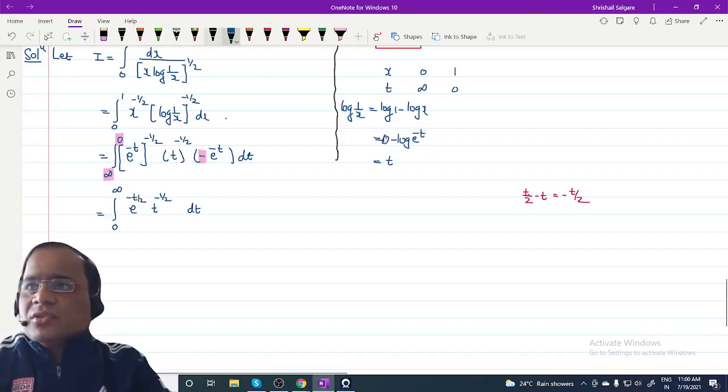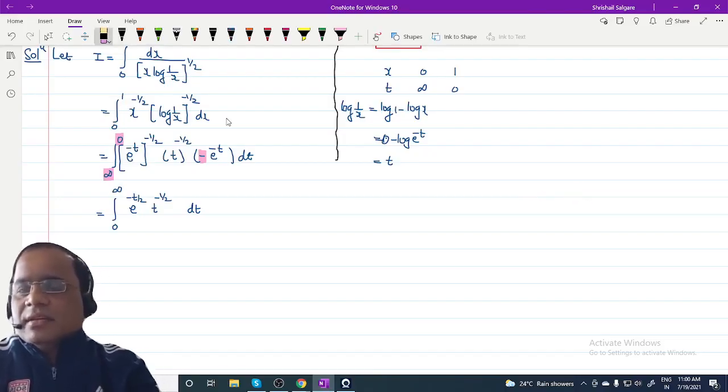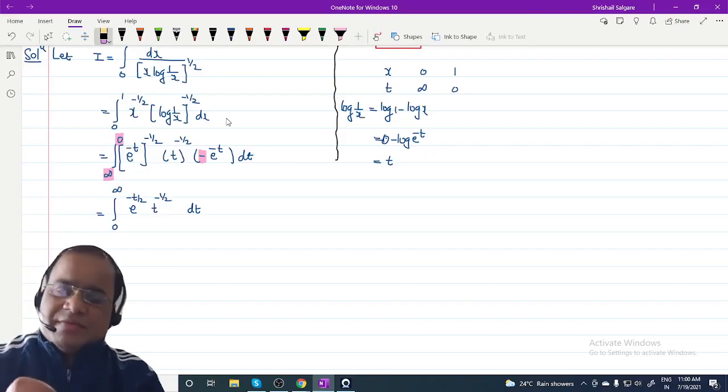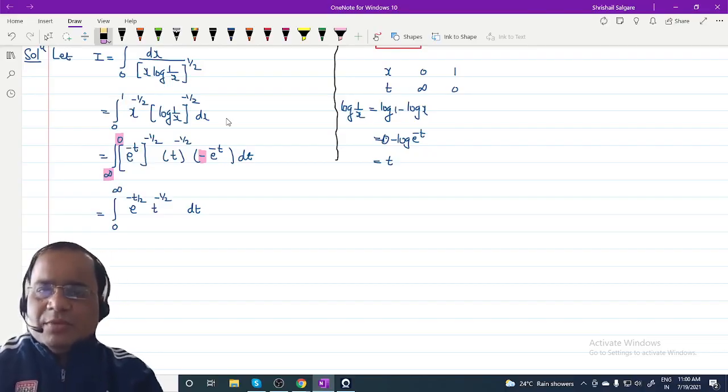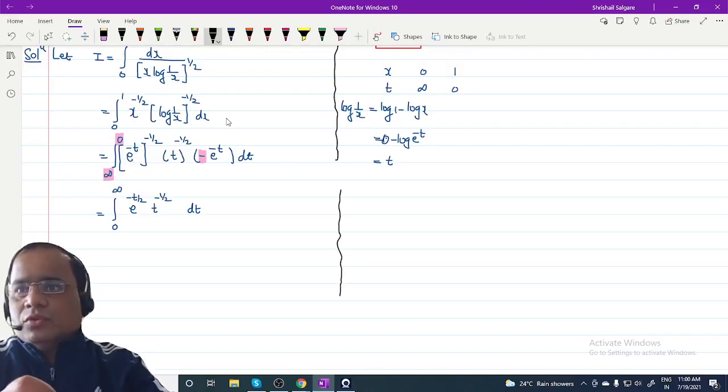Now how to evaluate the remaining part? It is not in the standard form still, because for the standard form we require limits from 0 to infinity and e to the power minus parameter, that is the kernel, but we don't have. Then what to do?